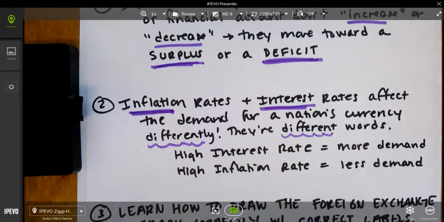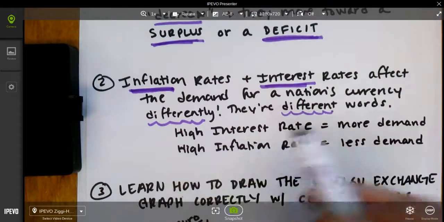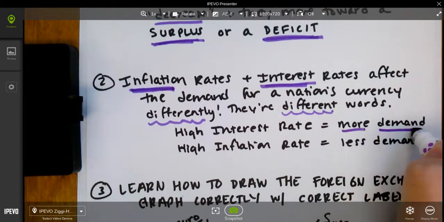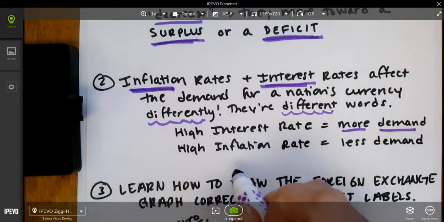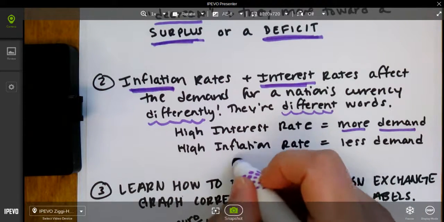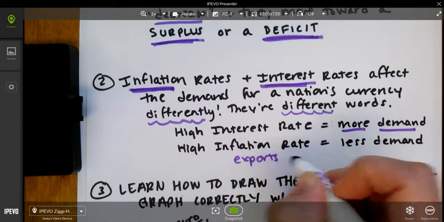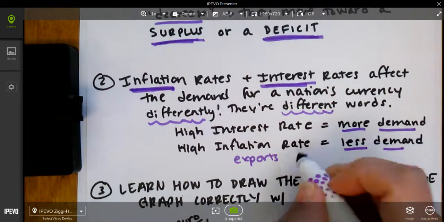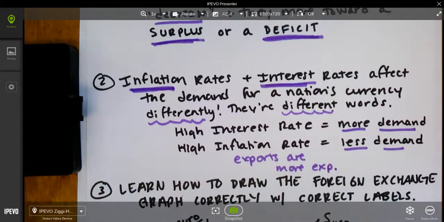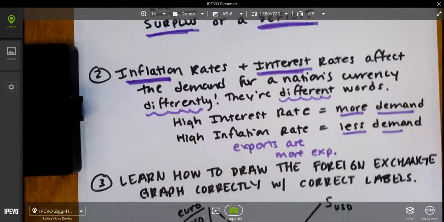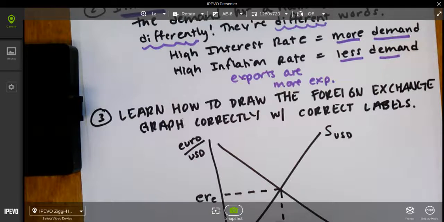Really read carefully. If a country has a high interest rate, then there's going to be more demand for that country's currency because of financial investments. If they have a high inflation rate, it means that their exports are more expensive. So therefore, there's going to be less demand. So let me write that down. More expensive.